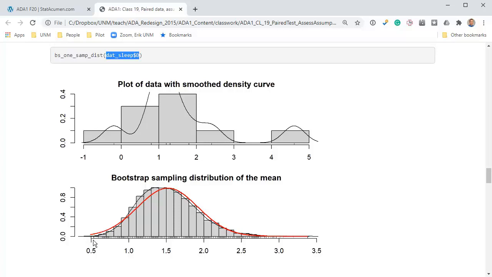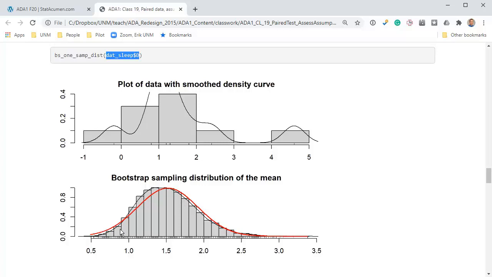I go into much more detail in the lecture notes and the videos for the lecture notes. But it basically resamples the data, and for each resample it calculates the mean, and it does that over and over again. Each of the means it calculates is plotted down here. Our means are centered at around 1.5, and it has the gray shape, with a black line that follows the gray shape.